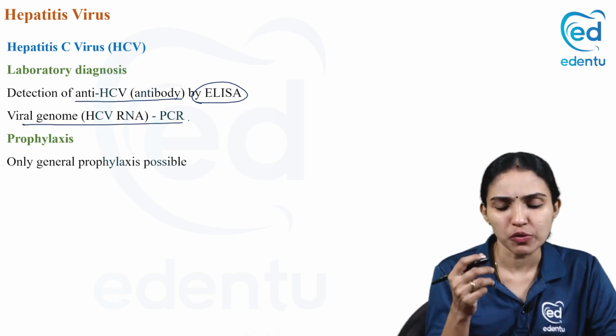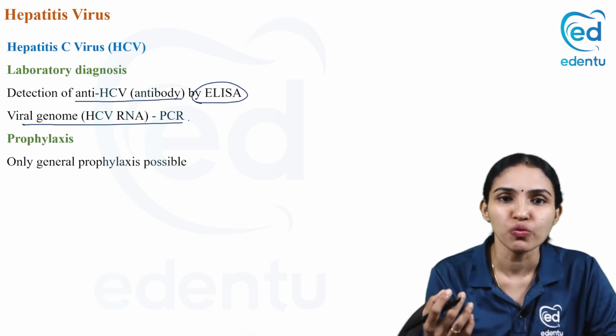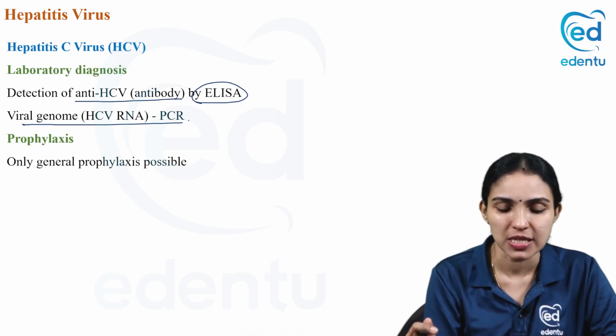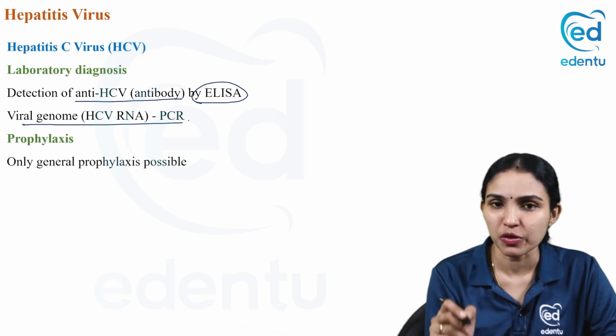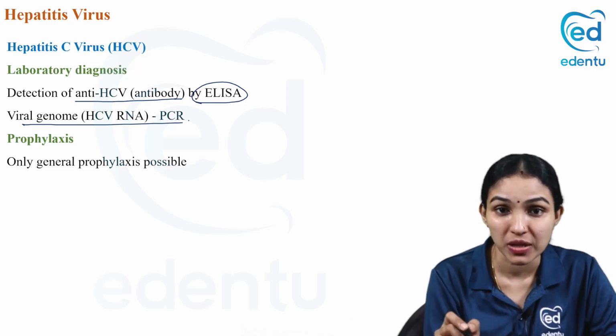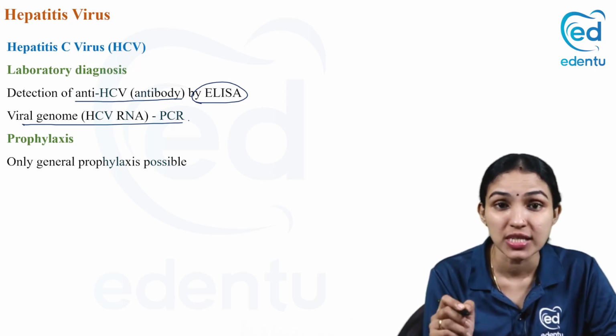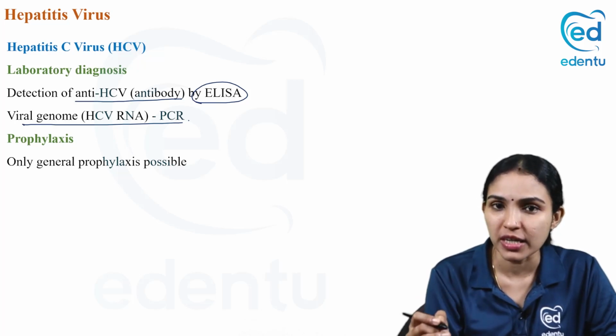And only general prophylaxis is possible. There is no vaccine available for hepatitis C. So HCV antibody screening is performed along with hepatitis B antibody screening, antigen screening for before blood transfusion, before organ transplantation.